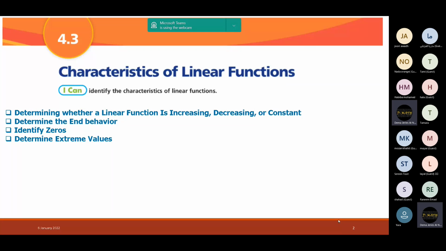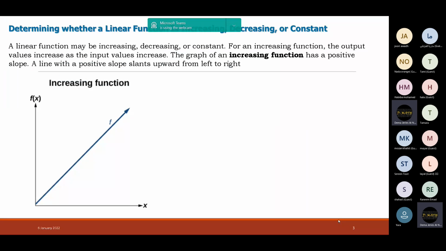And we talked about the end behavior, and we said that we must write the end behavior of the function in order to analyze the function. And we identify the 0. As I told you yesterday, in order to describe anything, you talk about its color, its shape, its size.